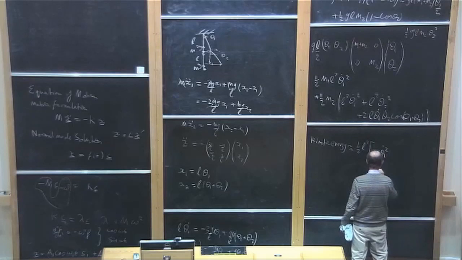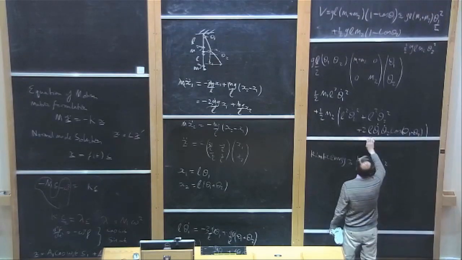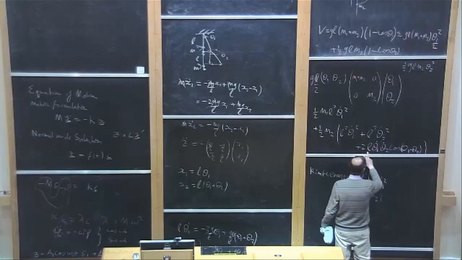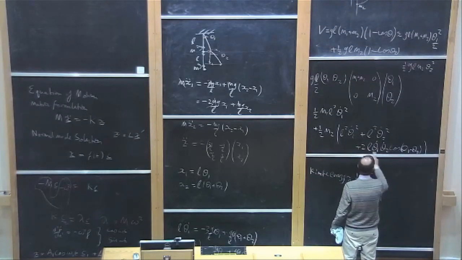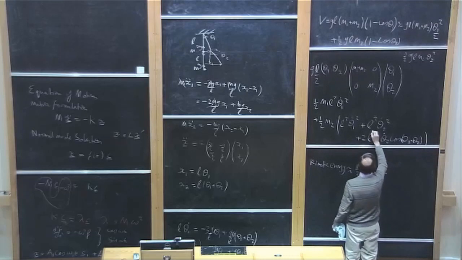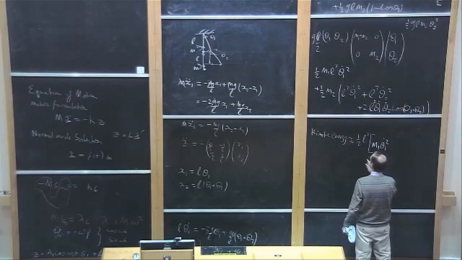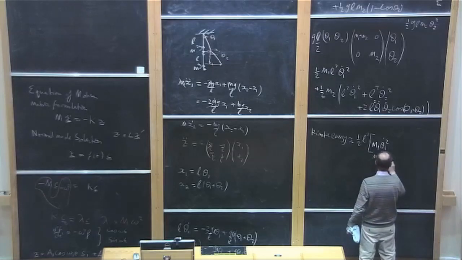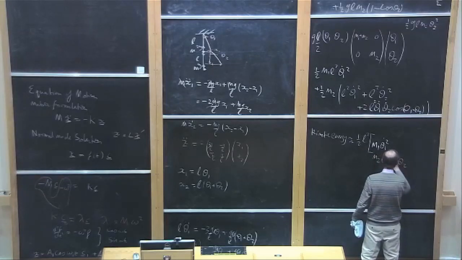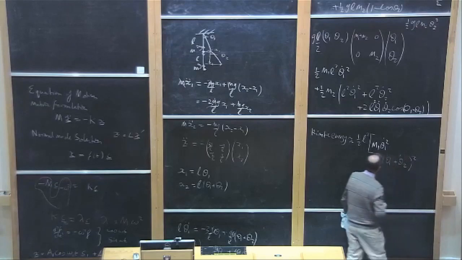Plus m2, so in that case we'll have theta 1 dot squared plus theta 2 dot squared plus 2 theta 1 dot theta 2 dot, and the L squared's gone there, so it's theta 1 dot plus theta 2 dot squared.